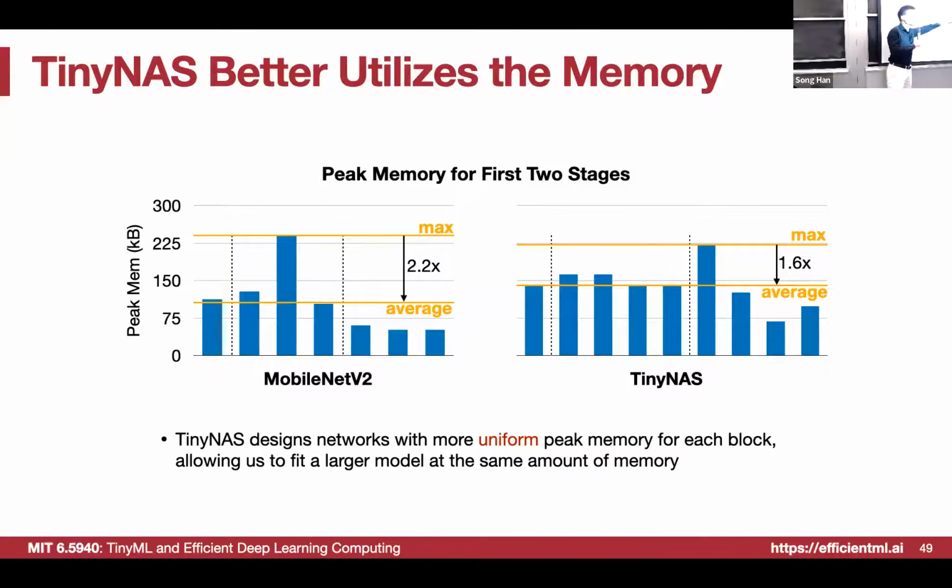Like here, this activation is pretty small and this is pretty big, but our threshold should be here so that we can fit everything. So here they are all wasted. But on the right-hand side, our model's distribution is flatter, so we are better utilizing the peak memory in this scenario.